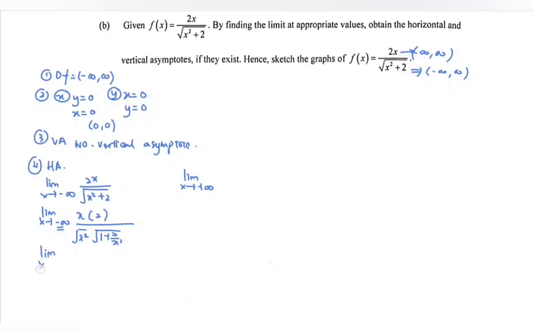So the limit as x approaches negative infinity is 2x over negative x times the square root of 1 plus 2 over x squared. We can simplify, and if we substitute, we will have negative 2 over 1. So as x approaches negative infinity, the value of y approaches negative 2.